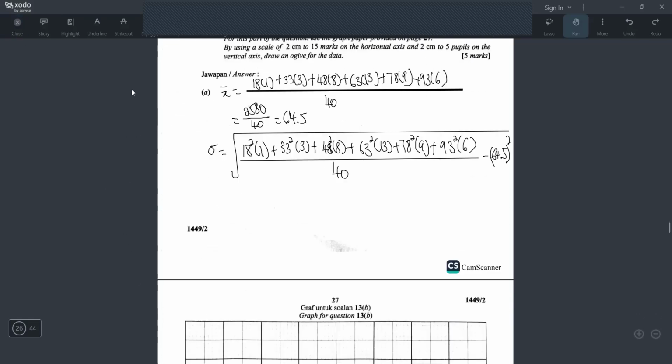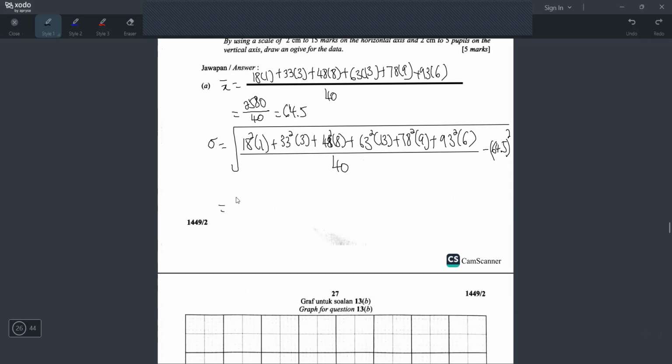So now I think I can press all this to get my final answer. If I were you, I would not straight away do the whole thing. I will get the top value first, and then over 40 minus 64.5 squared. I will break it down into two lines.